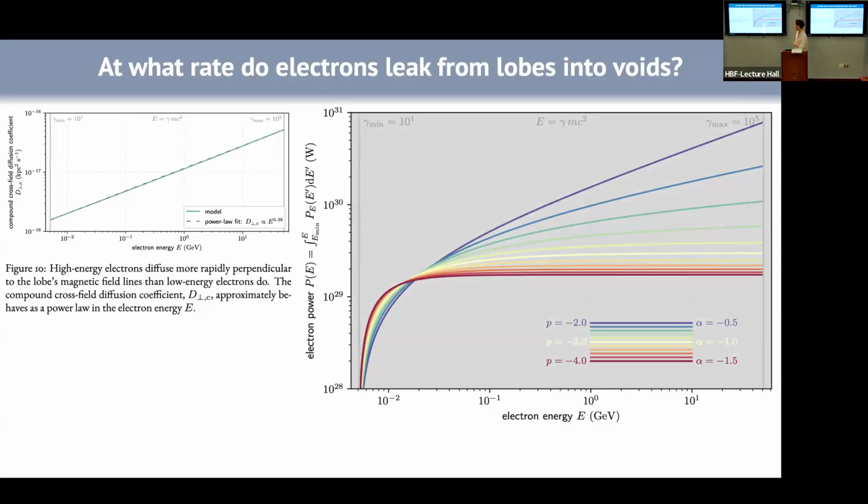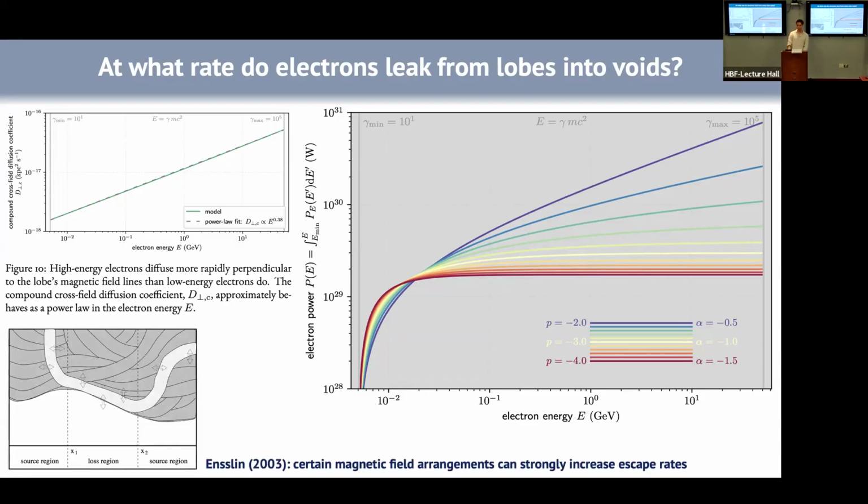So what this plot shows is, as a function of electron energy, the cumulative kinetic power that the lobe radiates, and the total amount of electron positron power that's going out of the lobe depends on the electron energy distribution, and that is something that we're trying to find with other radio telescopes now.